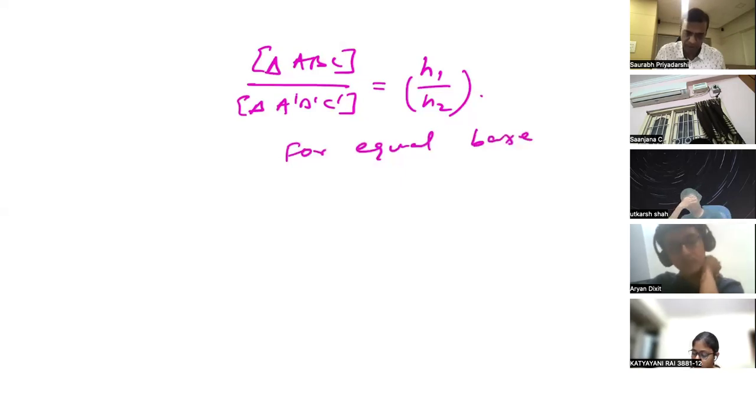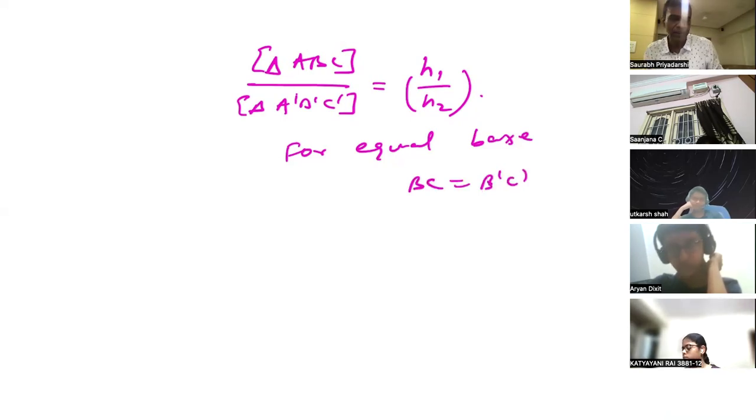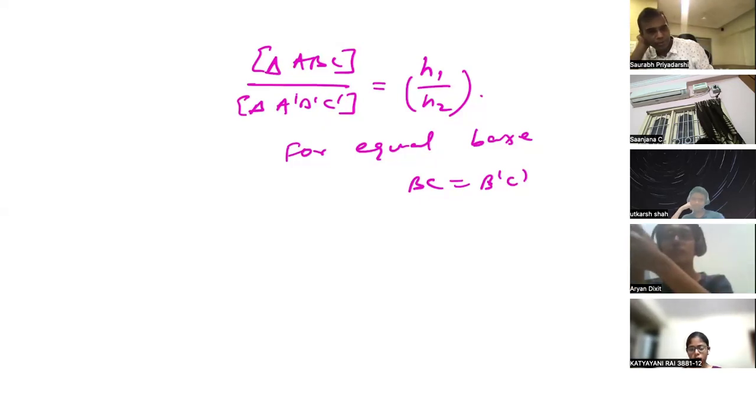Base means BC is equal to B dash C dash. These are all for the symmetric case.